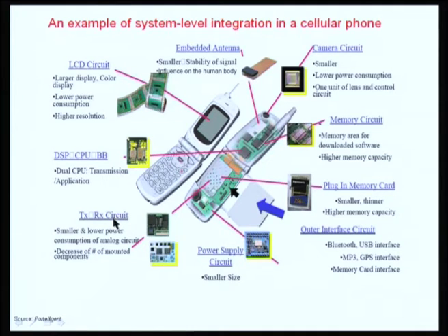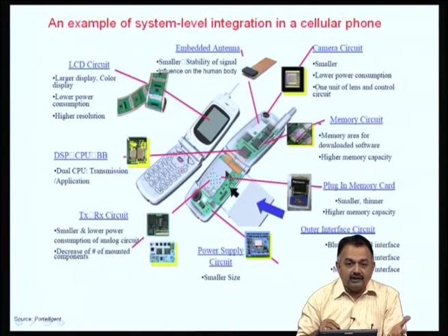So, your analog circuitry should take care of low power consumption when you are designing the transceiver receiver circuit. And in all of these cases, you must look at how you can reduce the number of mounted components, because if the number of components increases in these two substrates, then the bulk volume of your mobile phone is going to be huge, okay, and the weight will increase. So, that is not a favorable requirement with the consumer.